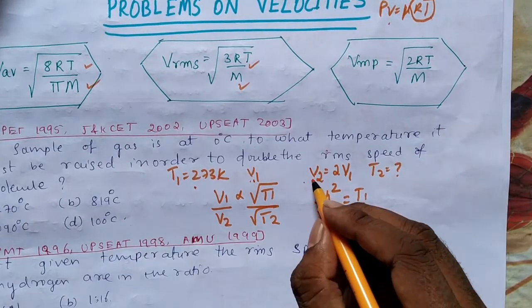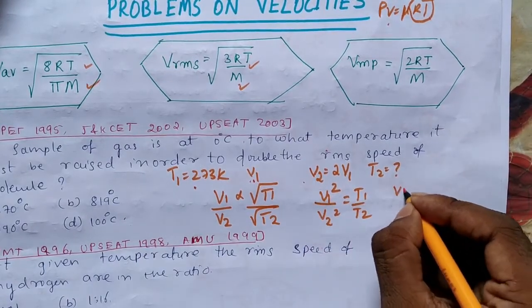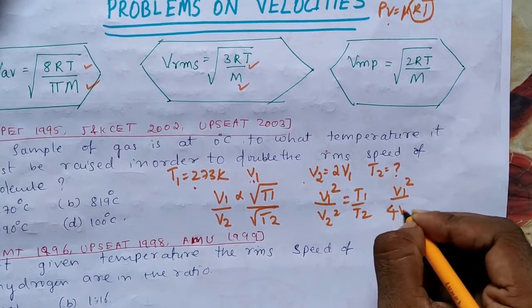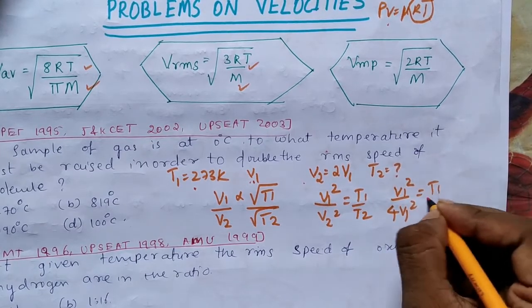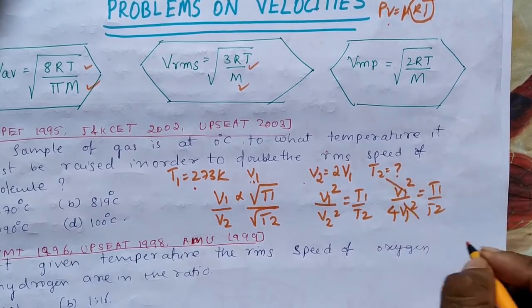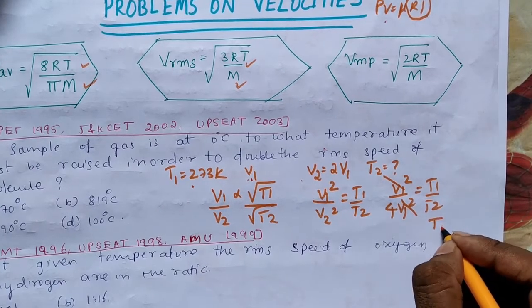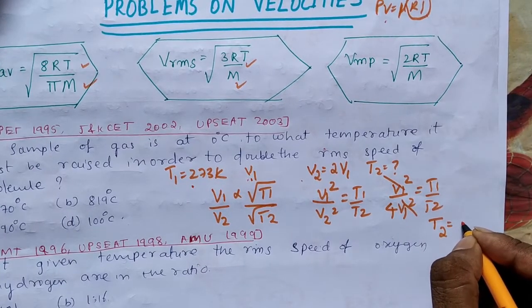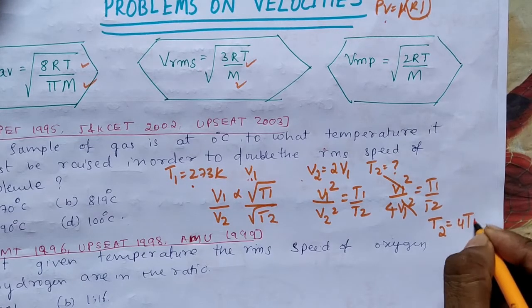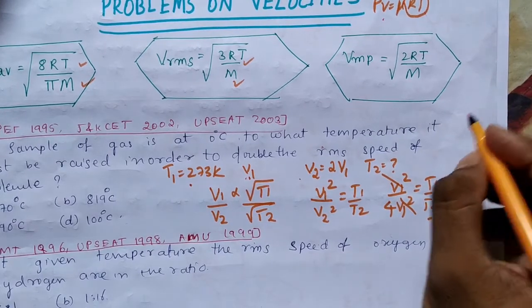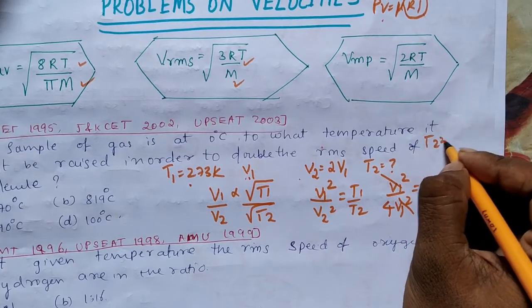But V2 is 2V1, so this becomes V1 square divided by 4V1 square is equal to T1 by T2. V1 square gets cancelled, so T2 will be 4T1.